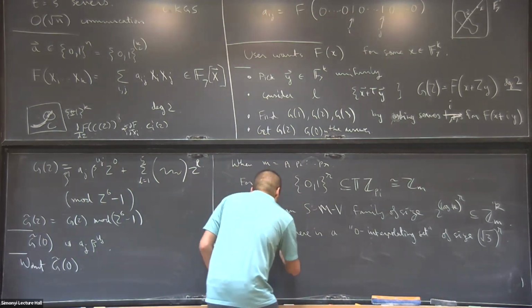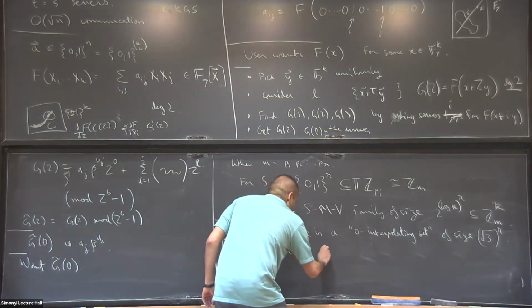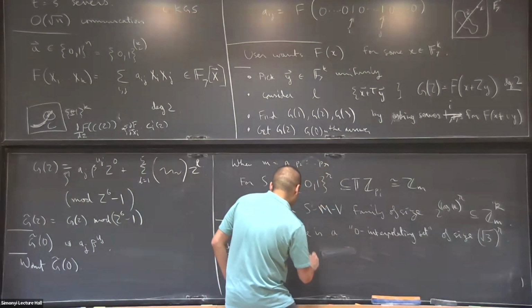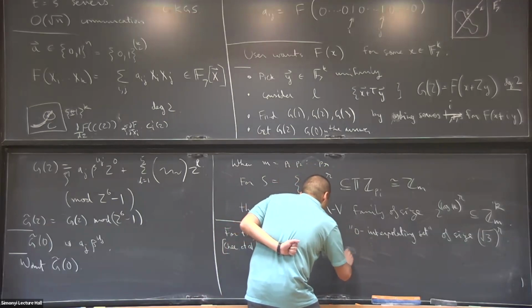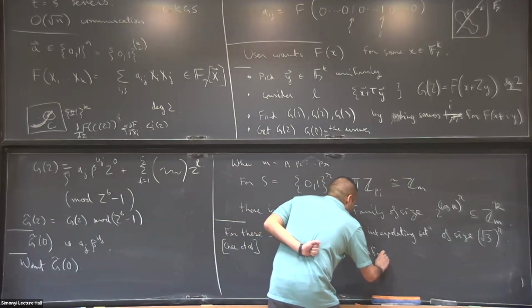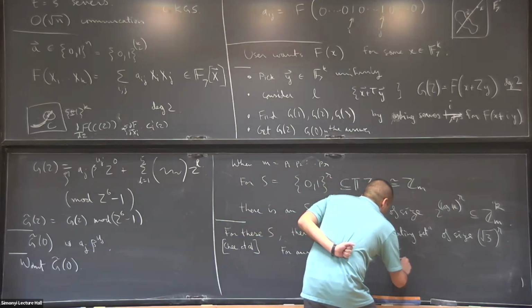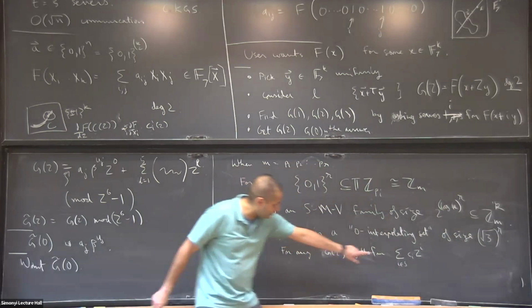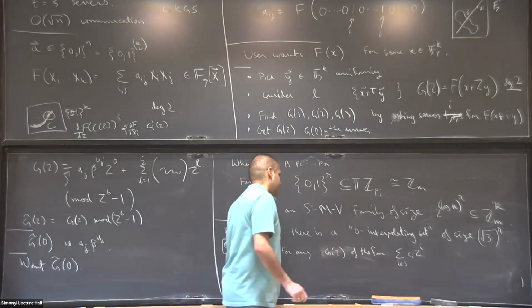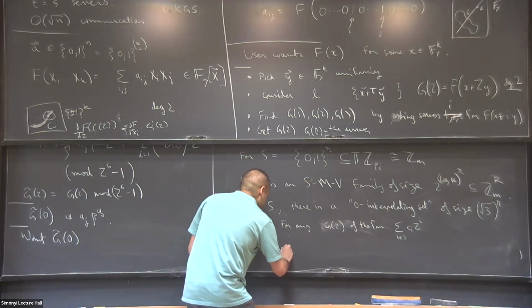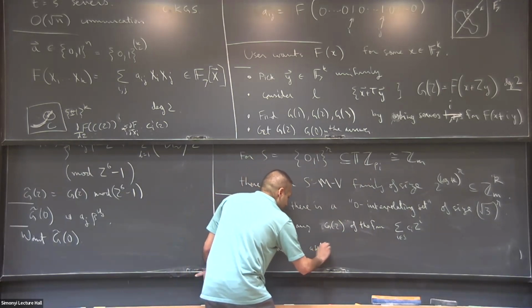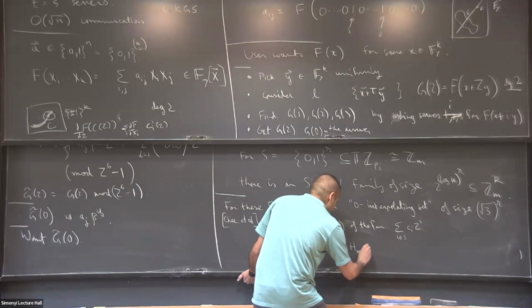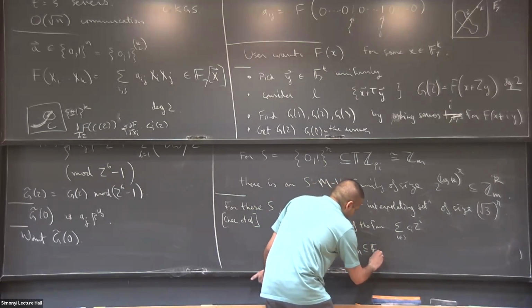And what this means is, for any univariate polynomial p of x1 up to x, for any polynomial g of z of the form sum over all i in S, c_i z to the i, it only takes exponents in S, there is a set V inside the mth roots of unity, which is inside F, we're talking about in F2 closure.